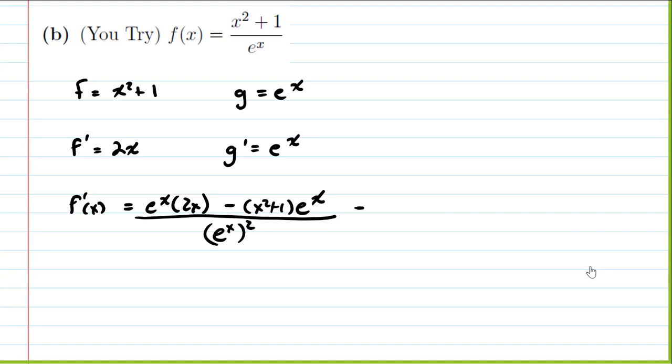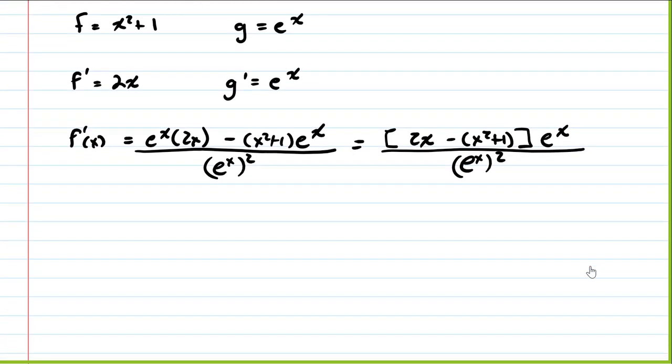So then we have a common factor of e to the x we can factor out, and that leaves behind 2x minus x squared plus 1, e to the x, all over e to the x quantity squared.